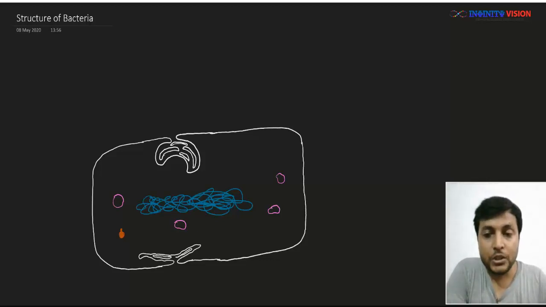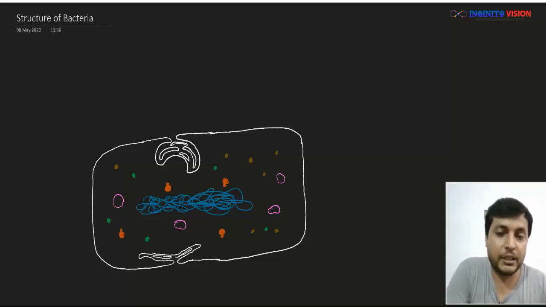Apart from that, here I am drawing these structures. These are ribosomes, and to be precise, these are 70S ribosomes. Apart from ribosomes, there are also some granules. The green ones are glycogen granules, and the other ones are volutin granules.